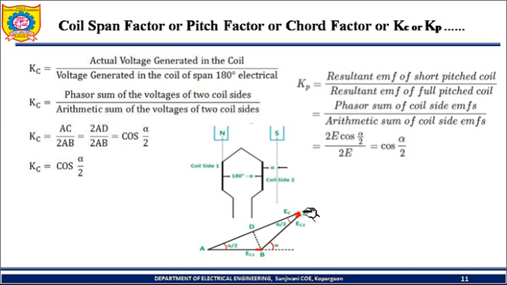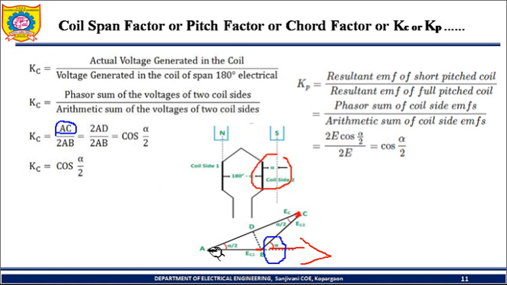But if it is full pitch it would add directly; now it is short pitch, so we consider this angle alpha. So it becomes BC, and the resultant of this is nothing but AC. So with the help of this short pitch coil, the actual voltage generated in the coil becomes AC.